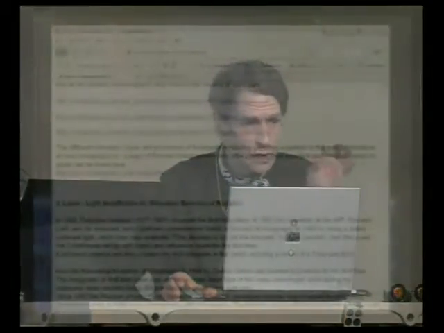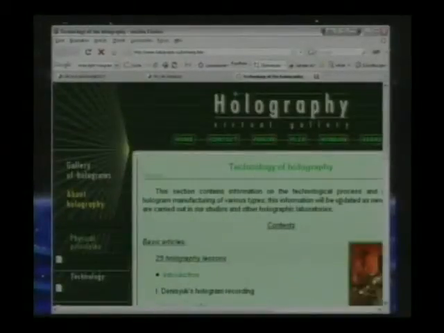So for all of you who are really interested in understanding how the basic different processes have to be handled during the production of the different hologram types, this page here is quite nice. I can click it here. I think it works.